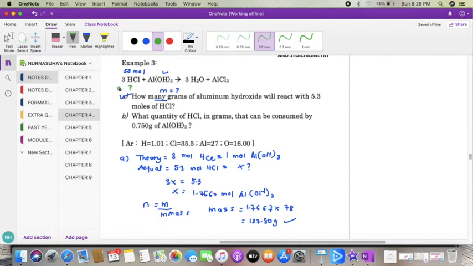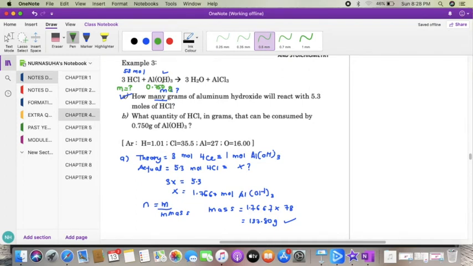Maksudnya dia nak berapa banyak mass of HCl that can be consumed by 0.750 gram. Okay, bahasa mudahnya berapa mass untuk HCl, if you ada 0.750 gram of aluminium hydroxide.